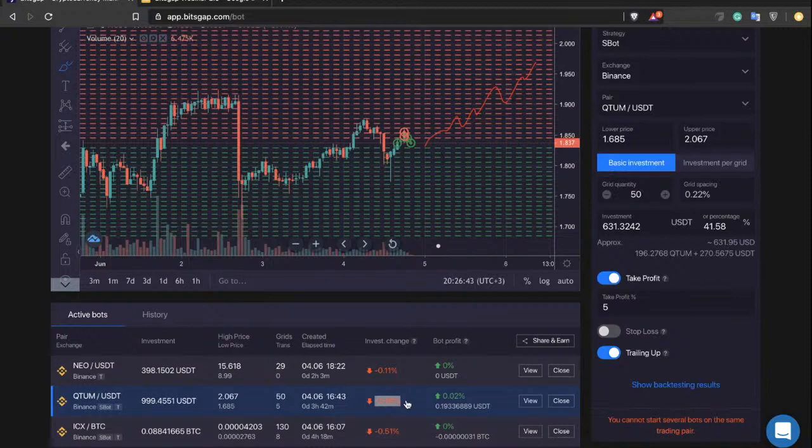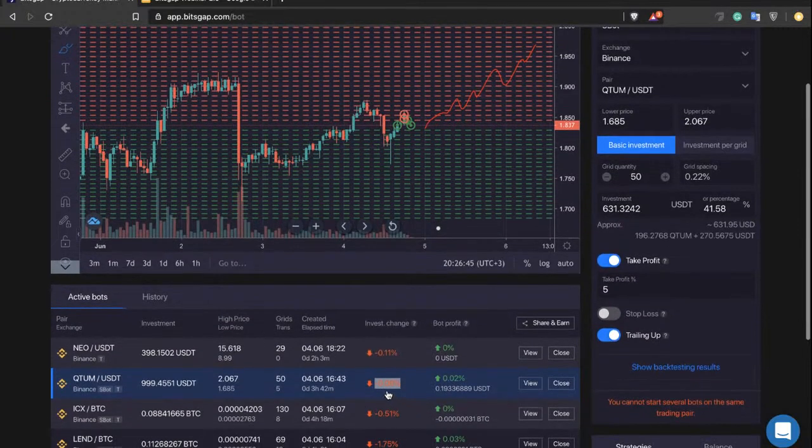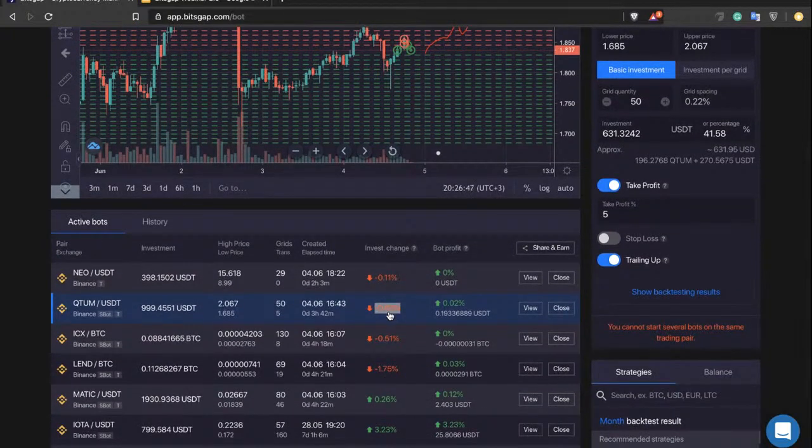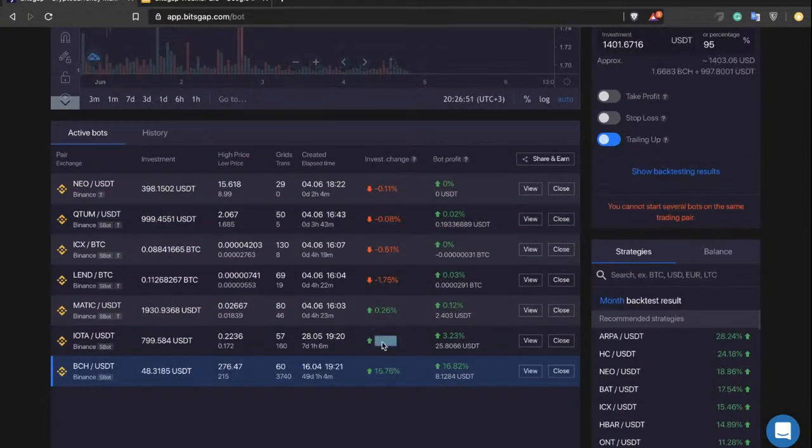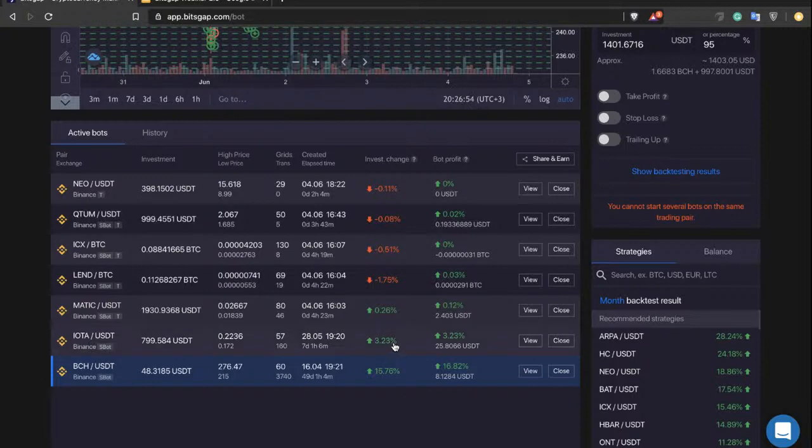So let's say I had 3% as my take profit. As soon as it approached 3%, the bot would automatically trigger the sell order to sell all of the base currency to exit the trade. So it will automatically close the bot. As simple as that.